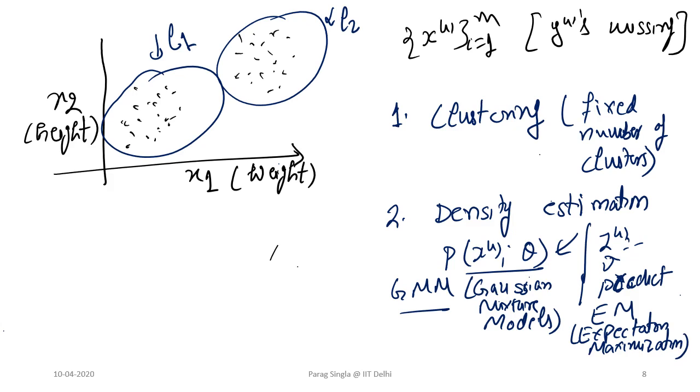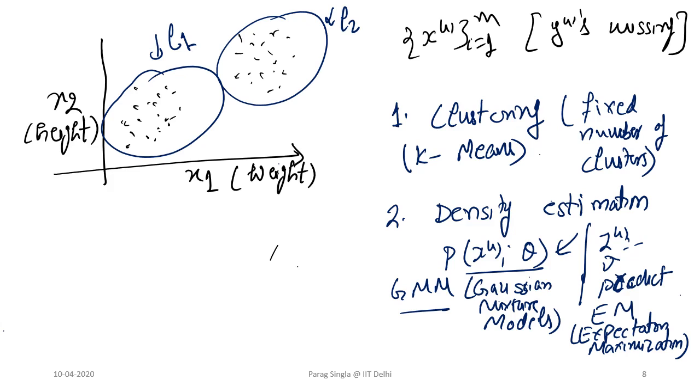which is a general technique to deal with missing data. In this case, for example, the missing data is the zi's, which can also be thought of as cluster labels. And something I forgot to mention is that in case of clustering, we will study the popular k-means clustering algorithm, which works with a set of k means or centroids and assigns each point to a cluster.